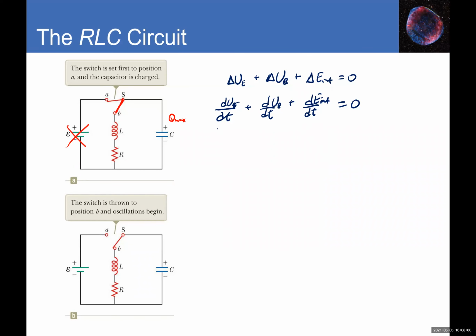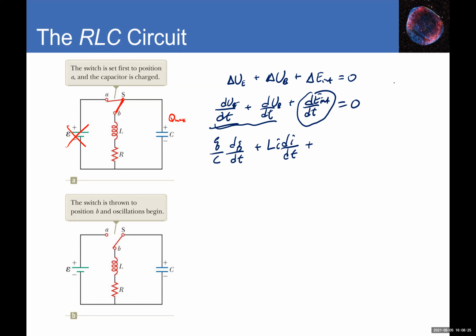Okay, now we already worked with the first two a few slides ago. So this is basically Q over C dQ/dt plus L i di/dt, then plus the energy dissipated by the resistor.